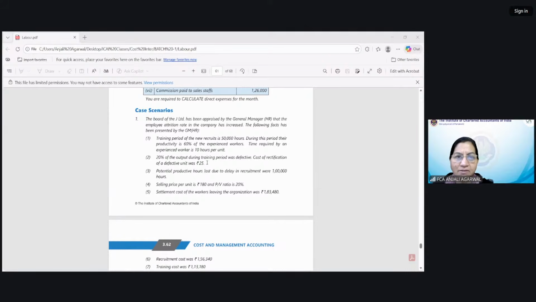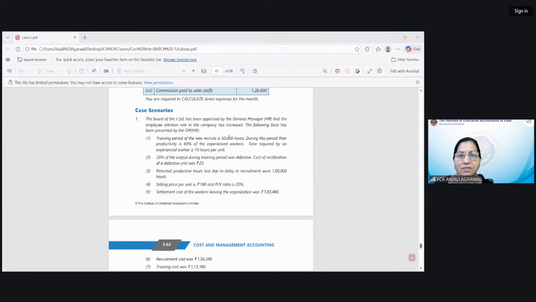So coming back to the case scenario, second point says 20% of the training period output was defective. Now, in the first point, we have found out that the output was 3,000 units. 20% defective means 600 units defective, and 600 units would cost 15,000. 600 into 25. So we have seen 20,000 hours lost here, and potential productive hours also lost due to delay in recruitment is 100,000.